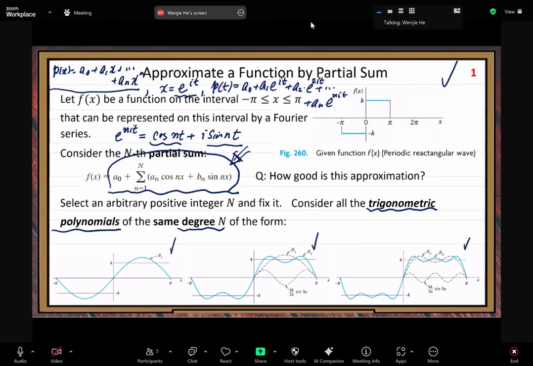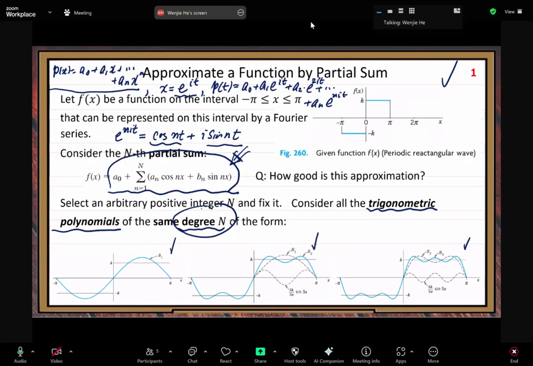So now we want to study all the trigonometric polynomials of degree n. Can we study the whole class of these functions? Or you can also use the set concept, the set of functions.